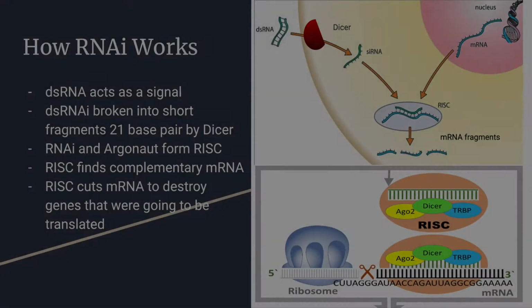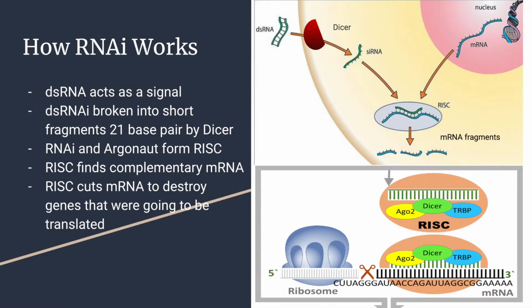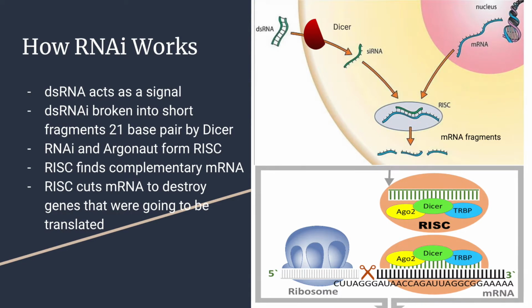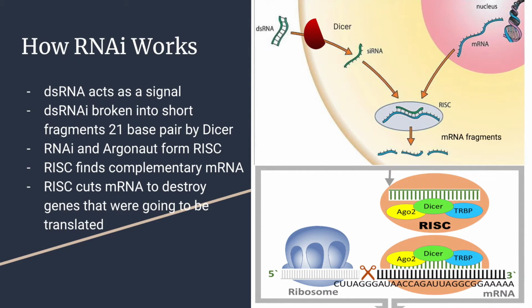Okay, so now I'm going to talk briefly about the general biological sequence that is going on here before going into the nitty-gritty chemistry explaining exactly how it occurs. So the first part of this whole process is the introduction of double-stranded RNA into the cell.